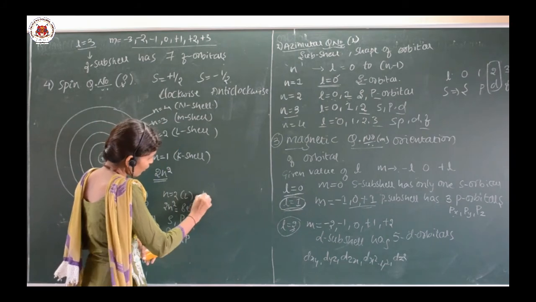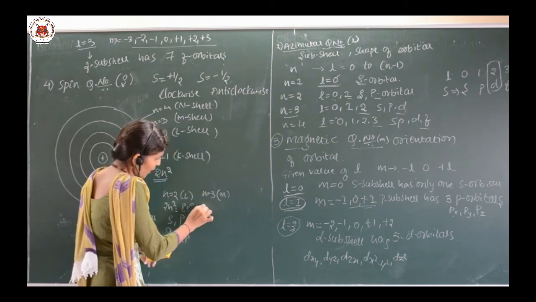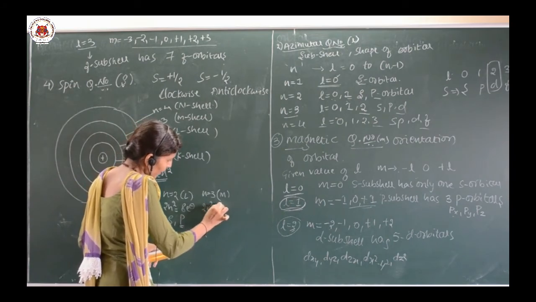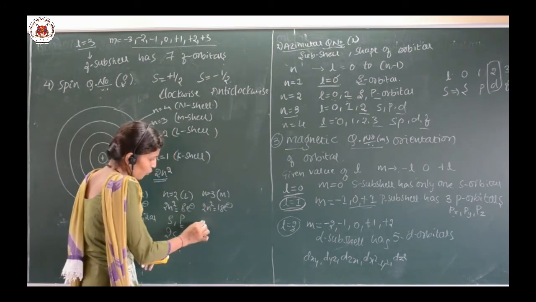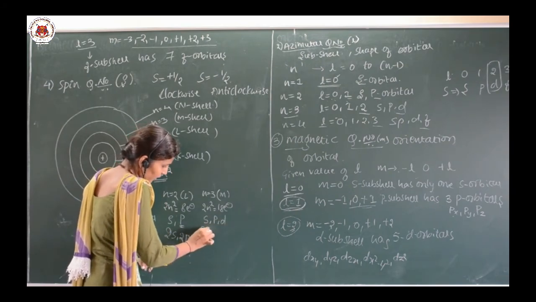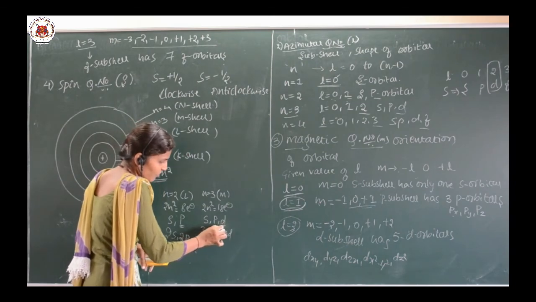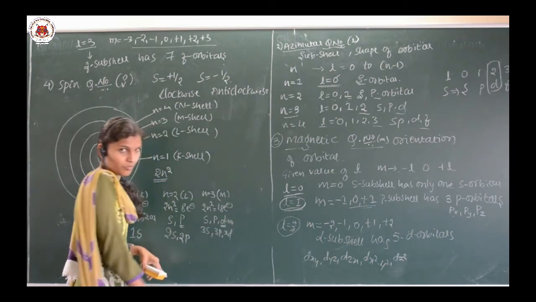Similarly, if I go for n is equal to 3, the M shell, 2n square gives 18 electrons. It includes S, P, D, that is 3s, 3p and 3d, and the capacity of the d orbital is 10 electrons.